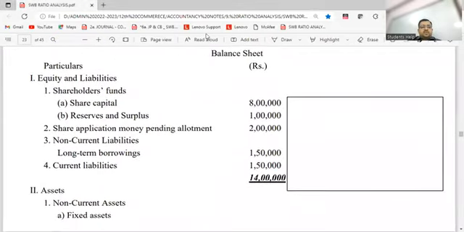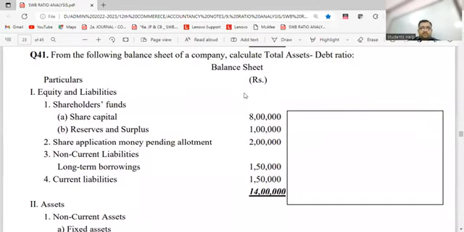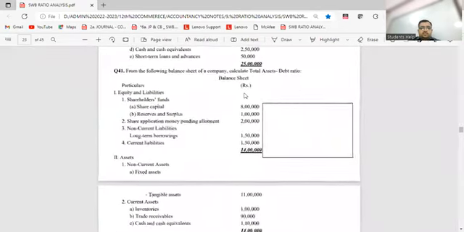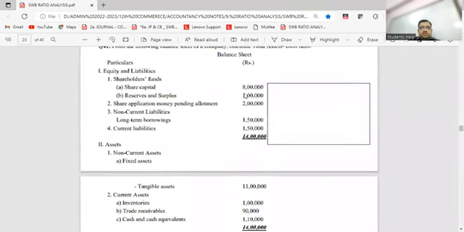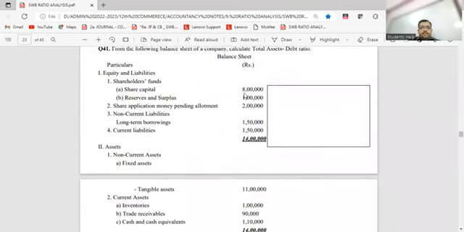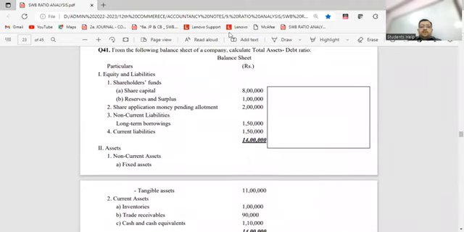Let's get down to question number 41. Visible to everybody? Let's quickly do this question, children, quickly. Total asset to debt ratio or debt to total asset ratio. Either you will calculate TADR or DTAR. Be quick, be quick. In total assets, we'll be considering this 11 lakh rupees given as tangible. We'll be considering this, yes or no?